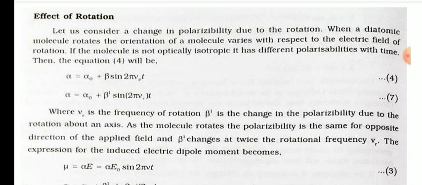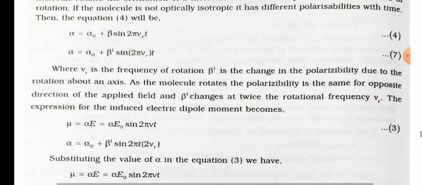Then equation number 4 will be alpha is equal to alpha naught plus beta dash sine 2 pi nu r t, where nu r is the frequency of rotation and beta dash is the change in the polarizability due to rotation about an axis.